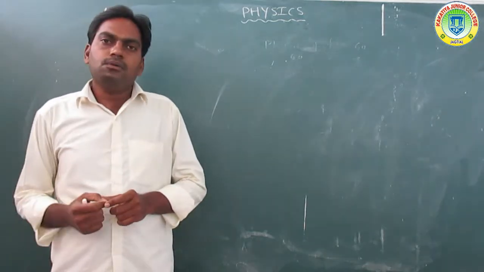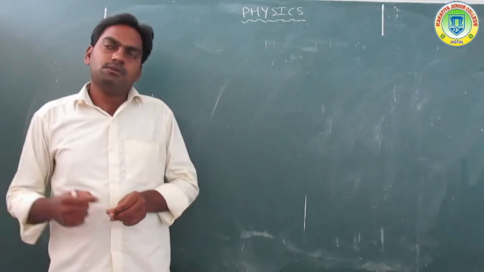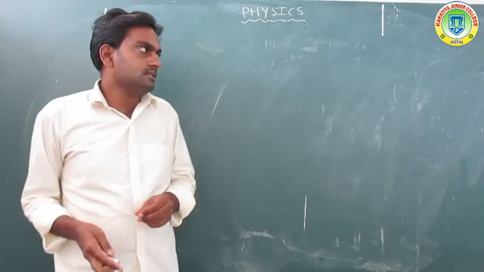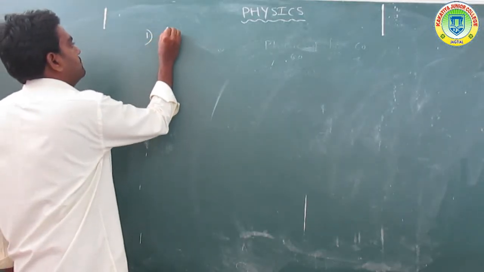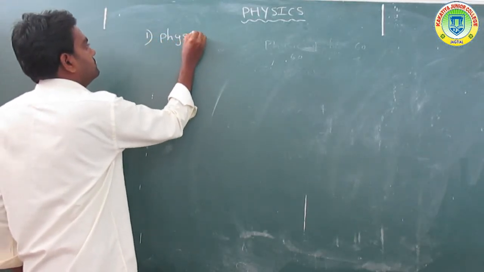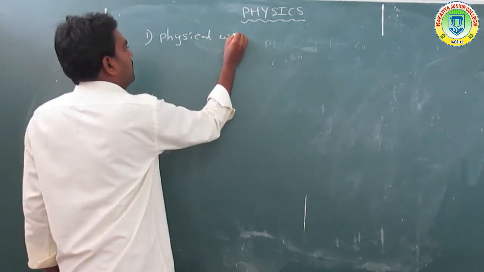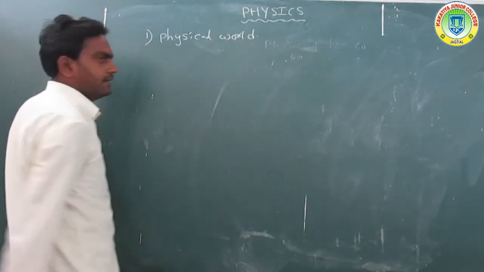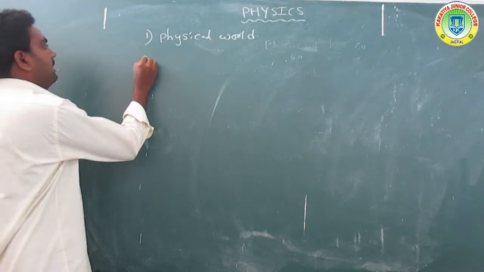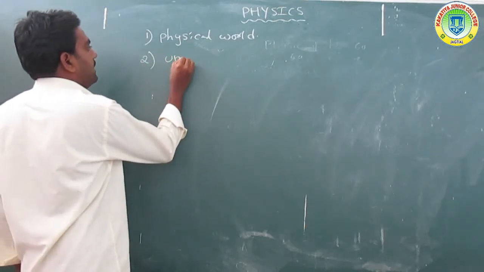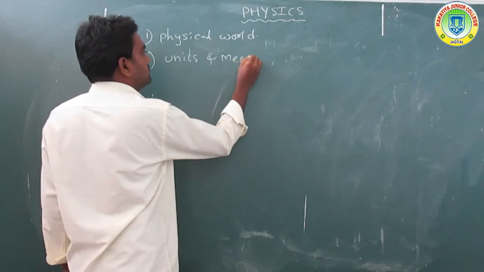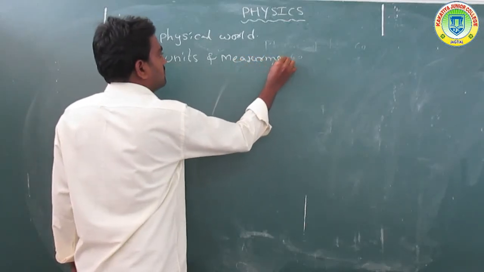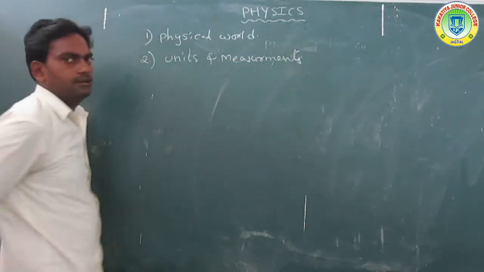Now in intermediate level, the topics we discuss: the first topic is physical world. The second topic is units and measurements.